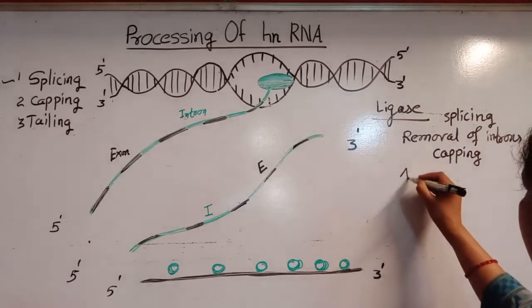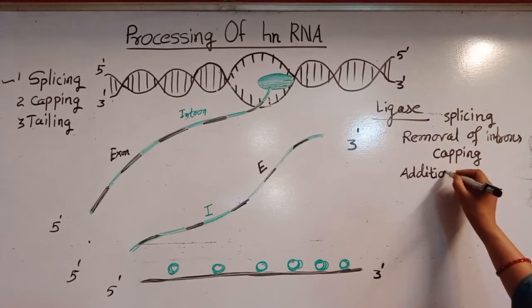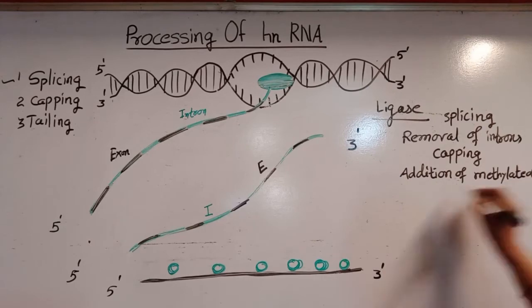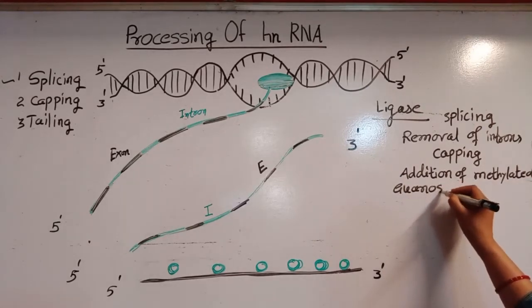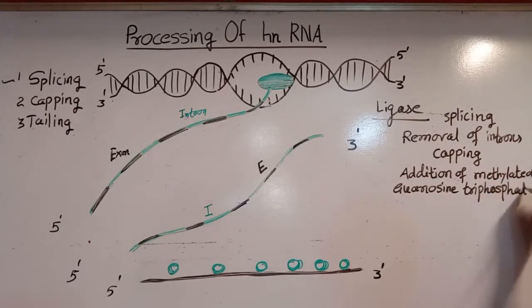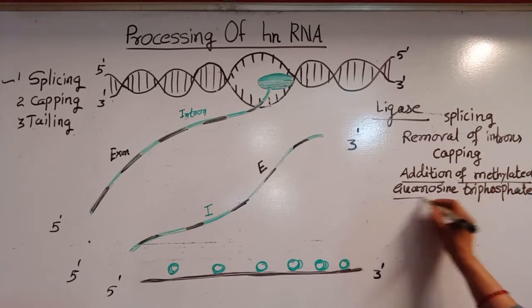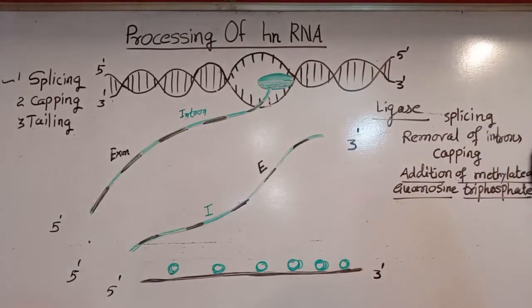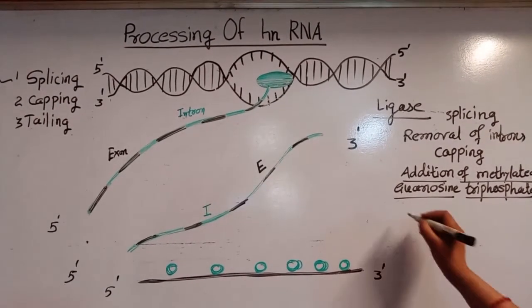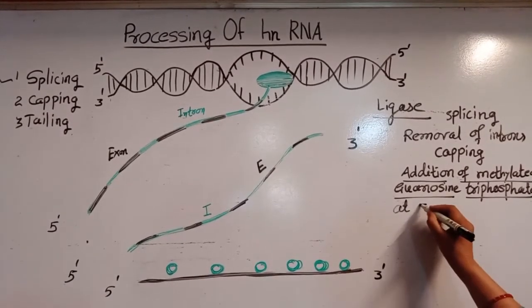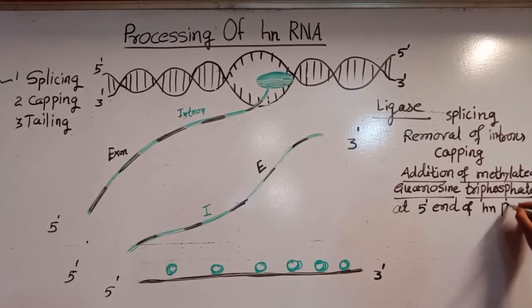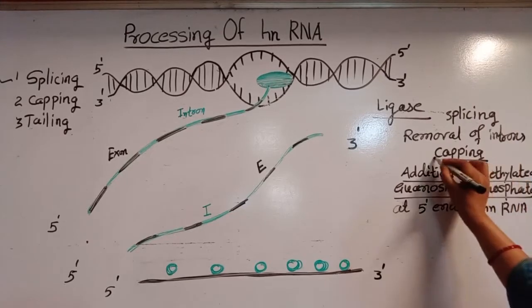Capping means addition of methylated guanosine triphosphate at the 5' end of hnRNA. This is called capping.